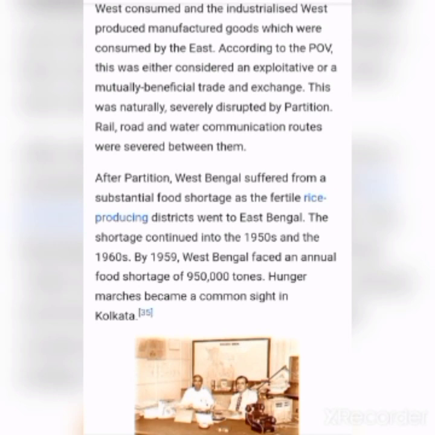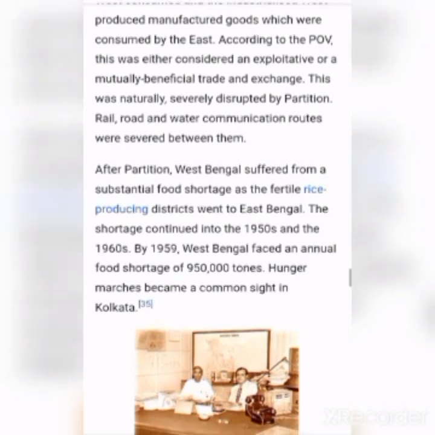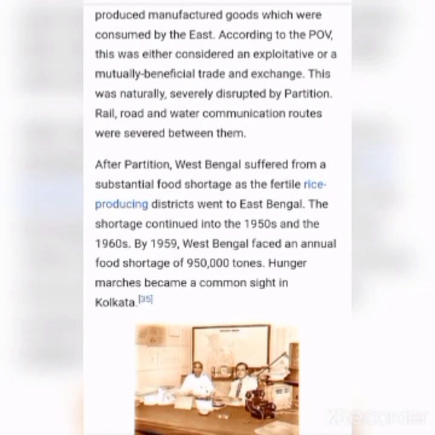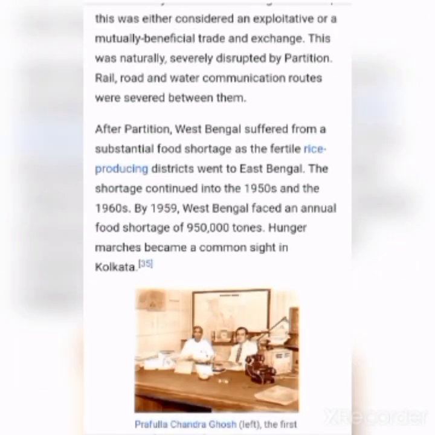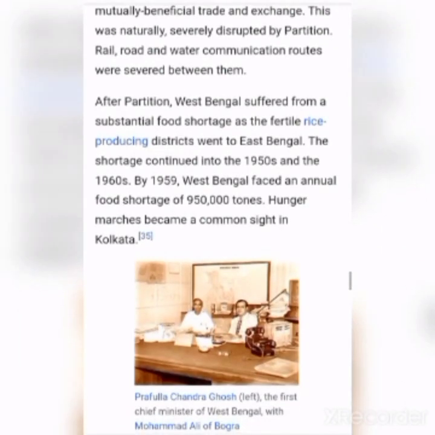The shortage continued into the 1950s and the 1960s. By 1959, West Bengal faced an annual food shortage of 90,15,000 tons.